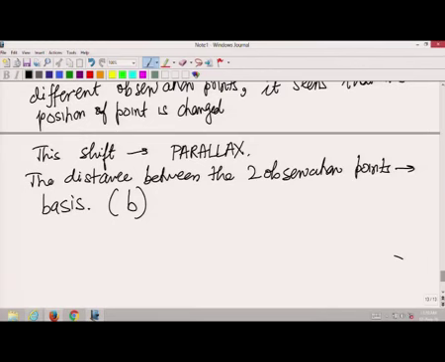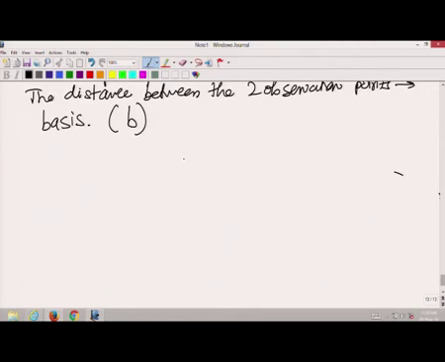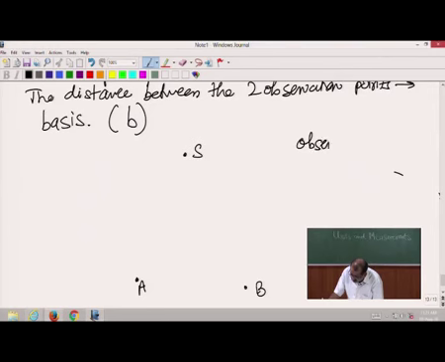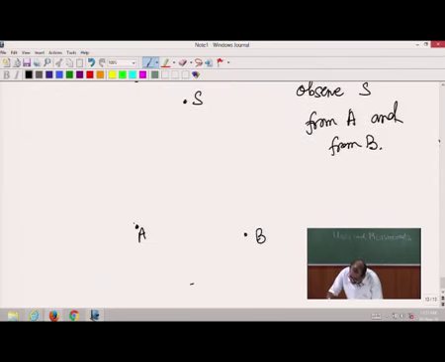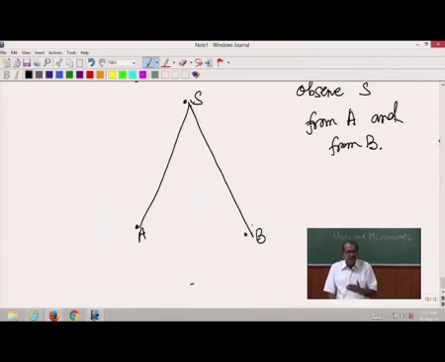Now, suppose we are observing a point S. We observe S from one observation point A, and from another point B. So, A and B are our two observation points. The object S is very far.